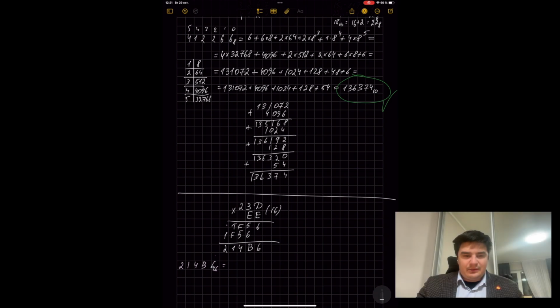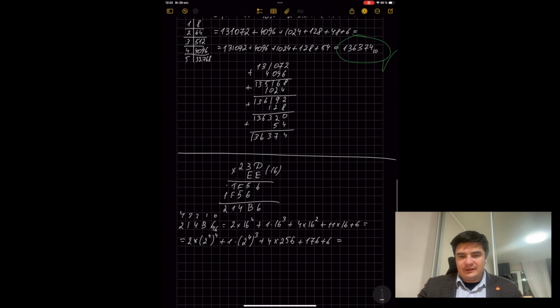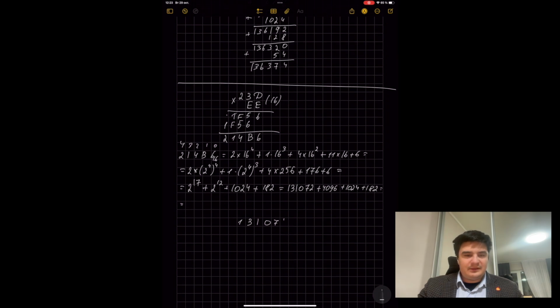To verify the accuracy of our calculation, we'll convert this result to decimal. After calculating the sum, we get 136,374, which matches the product obtained in the decimal system, confirming that our calculations are correct.